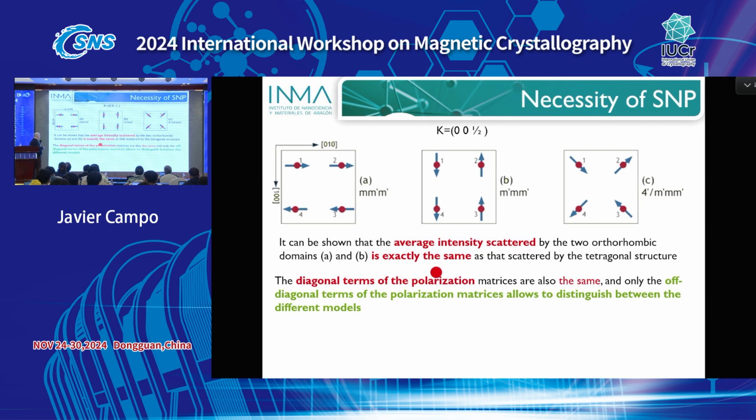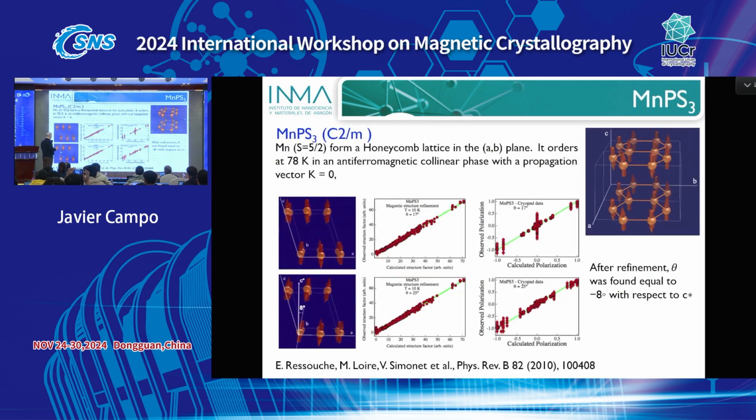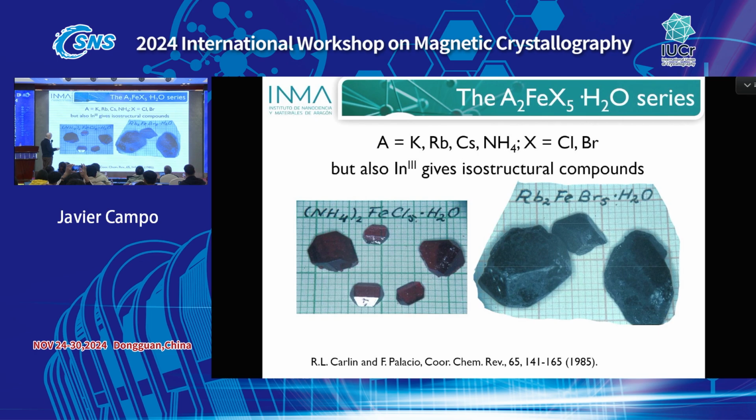That means that the only way to distinguish between these magnetic structures is to measure the non-diagonal terms of the polarization matrix. That means this is one example. I will skip this one, and I will go back to this compound, because this is the initial compound that I explained to you before.